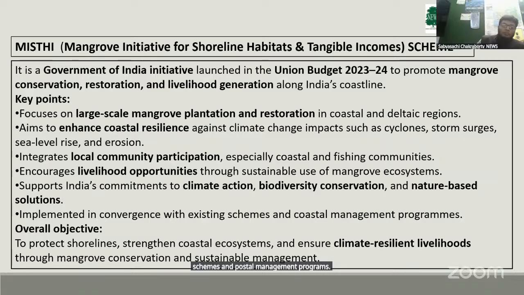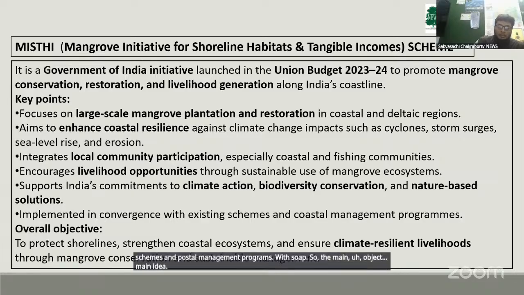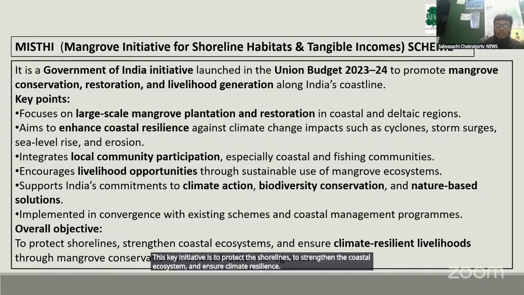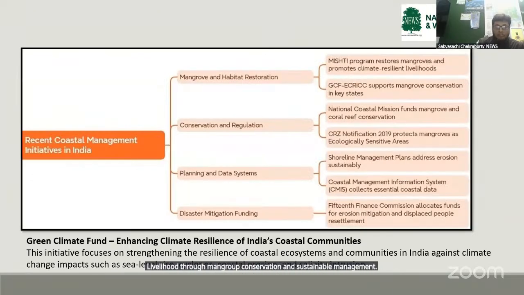So the main idea of this key initiative is to protect the shorelines, to strengthen the coastal ecosystem, and ensure climate resilient livelihood through mangrove conservation and sustainable management. So this is in short the recent coastal management initiatives.